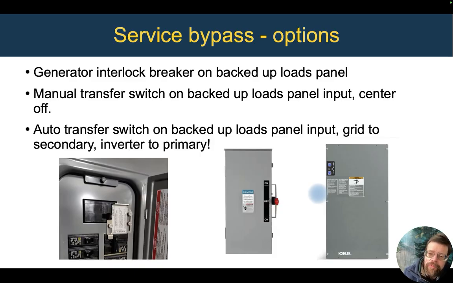But in this case, we would wire it so the inverter goes to the primary input of the transfer switch and the grid to the secondary, kind of reversed of how you would normally wire it with grid to the primary. So it always uses the inverter output as your main feed to the backed up loads, unless for some reason the inverter output goes off, and then it automatically just feeds grid power through to the backed up loads.